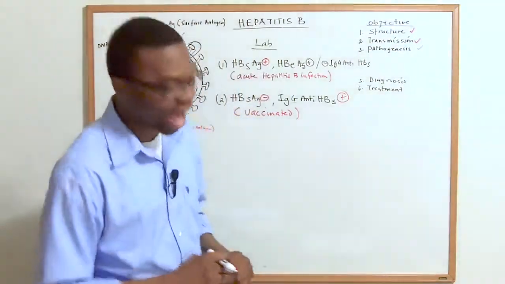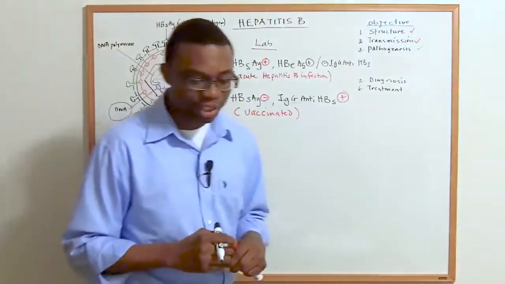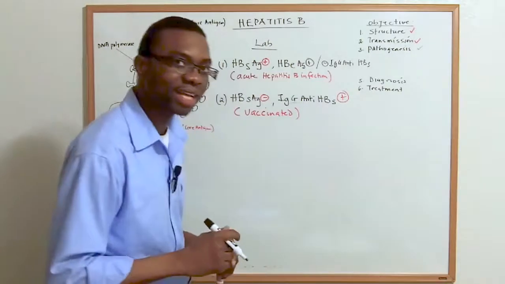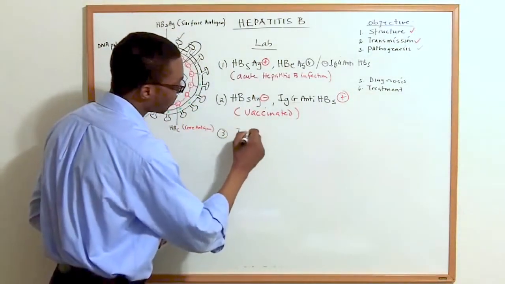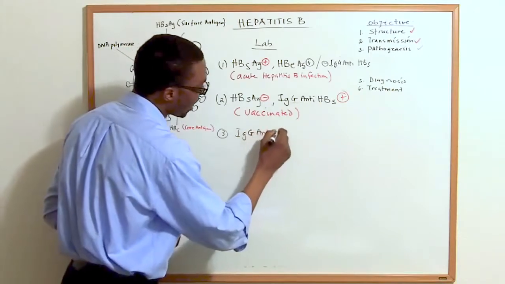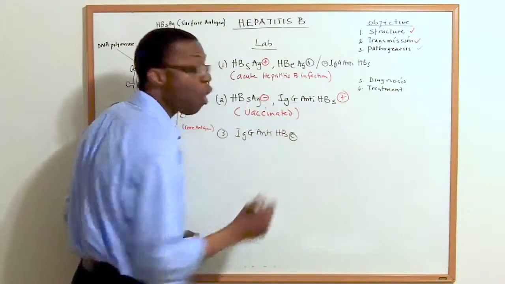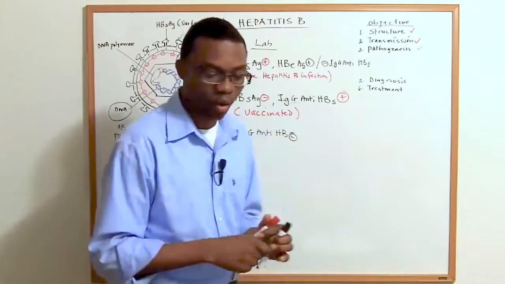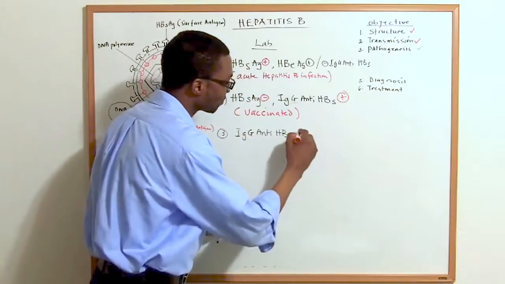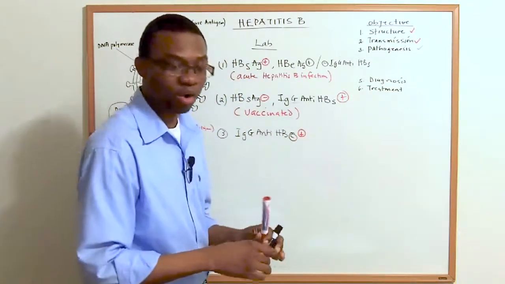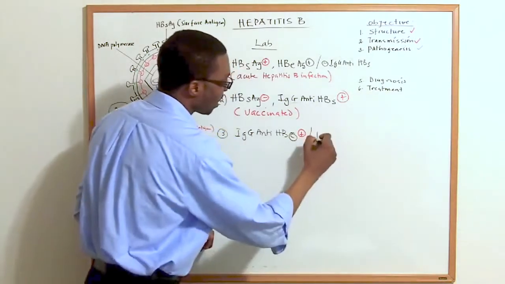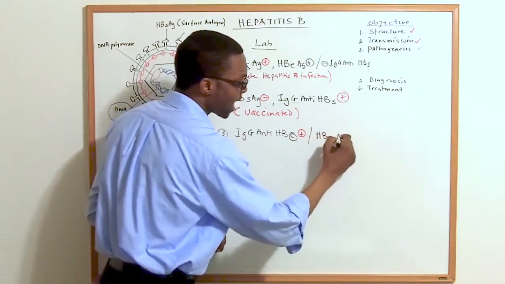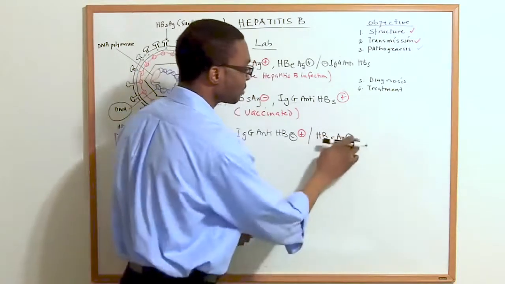This patient had an IgG anti-hepatitis B core. Their core was positive. They also have a hepatitis B surface antigen that was negative, right?